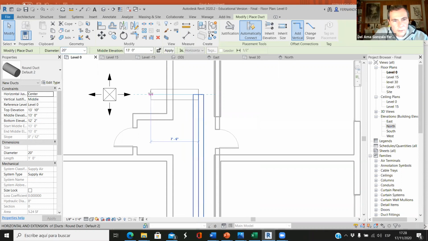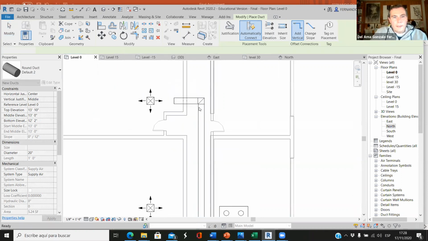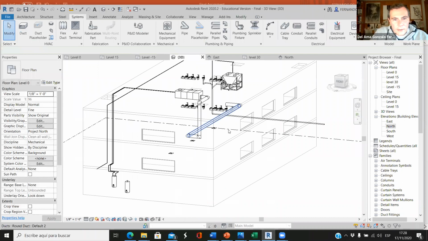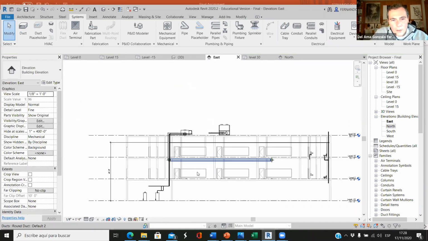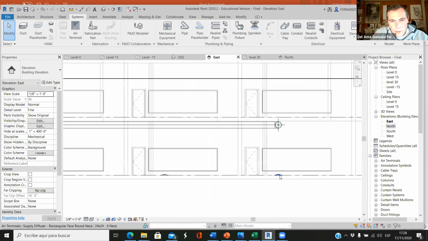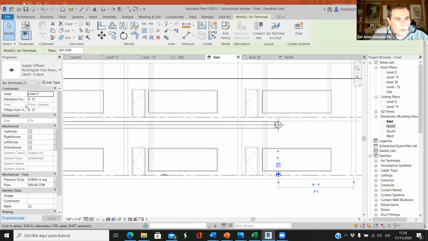So that. And what about the elevation? I think I didn't change the elevation. Yep. So you see this, I have to change the elevation of these diffusers. So let's make it 10. Yeah, 10 feet is enough.